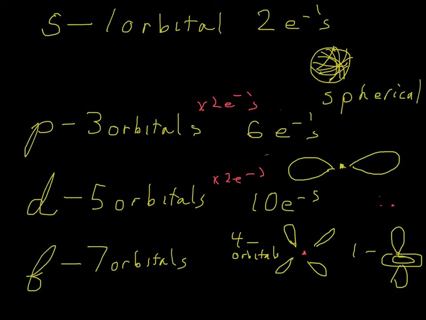So your F has 7 orbitals, and if you had a G, it would hold 9 orbitals, right? Keep that plus 2 sequence going. But you have 7 orbitals times 2 electrons each. So your F subshell holds 14 electrons.